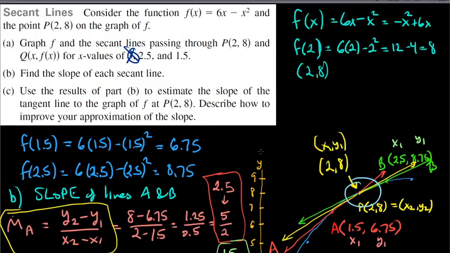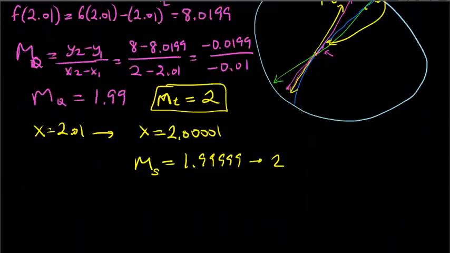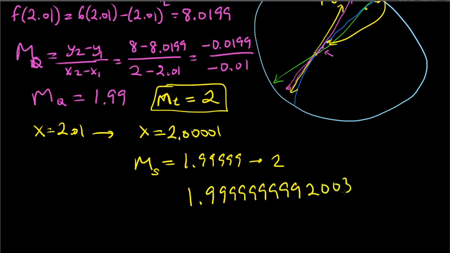Okay, but how do we know for sure, right? How do we know that at some point, if we get even closer, the slope of the tangent line might not be this, which is very close to 2, but it's not exactly 2? Right? So, yeah, you're right.